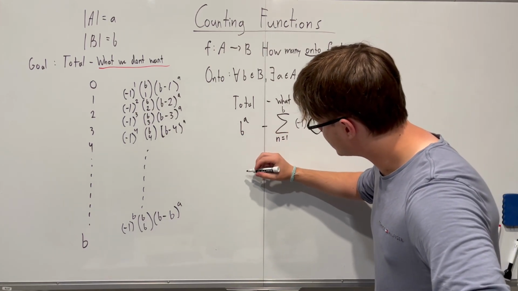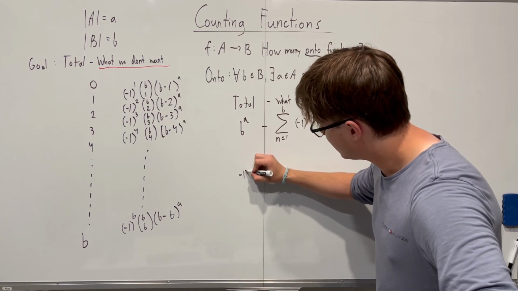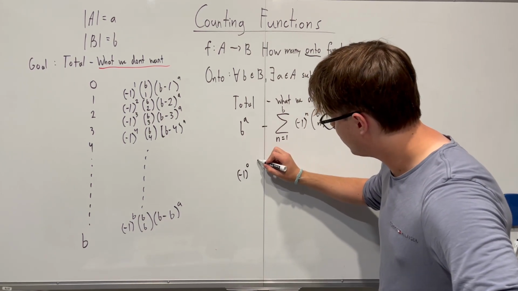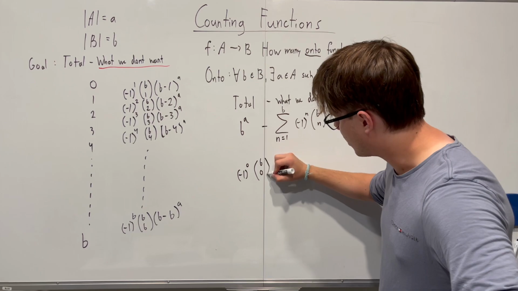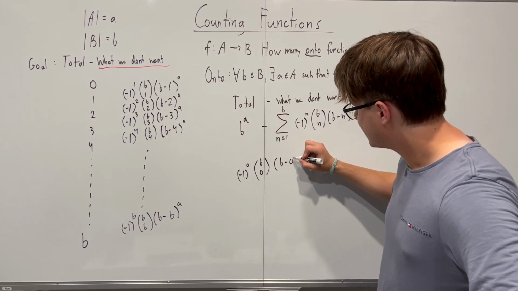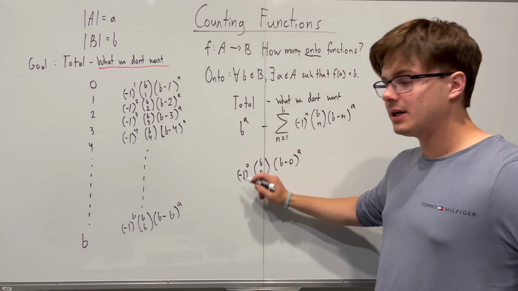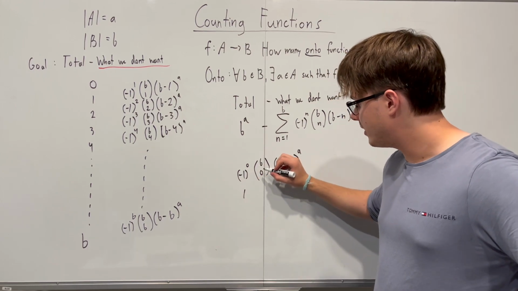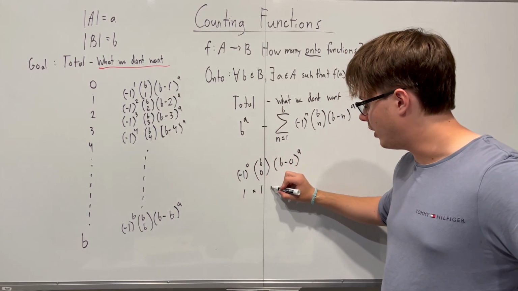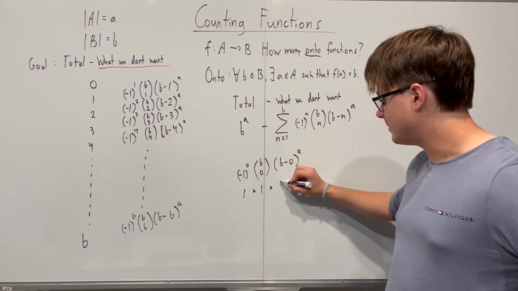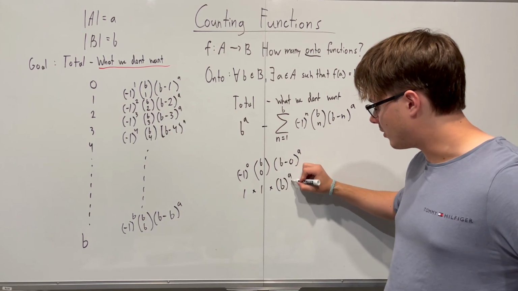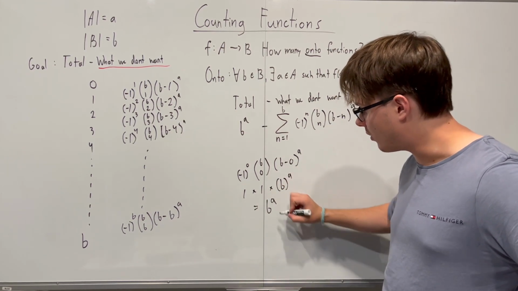Well, b is really just saying, what if you have negative 1 to the power of 0, b choose 0, times b minus 0 to the power of a? Well, negative 1 to the power of 0 is going to be 1, b choose 0 is going to be 1, and b minus 0 is going to be b, so it's just going to be b to the power of a.